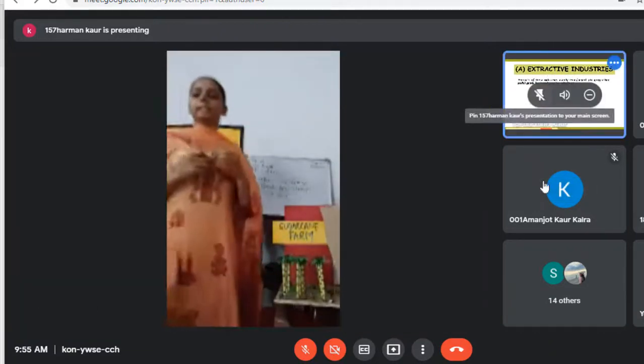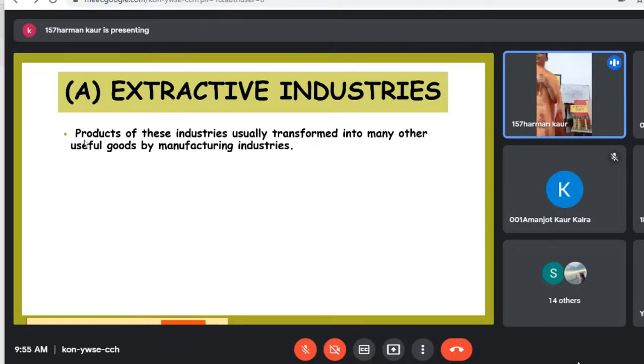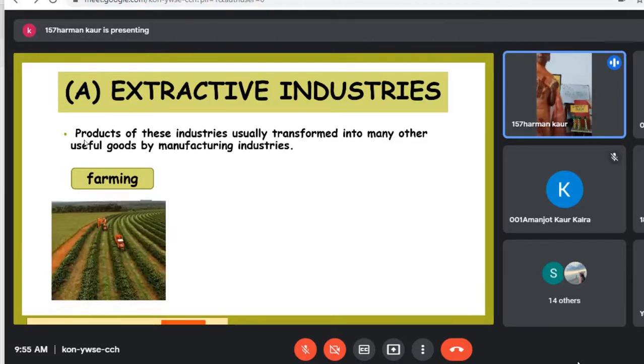Products of these industries usually transform into many other useful goods by manufacturing industries. The products which are produced in extractive industries are further used by the manufacturing industries to convert them into useful goods. An example of extractive industries is the farming industries.